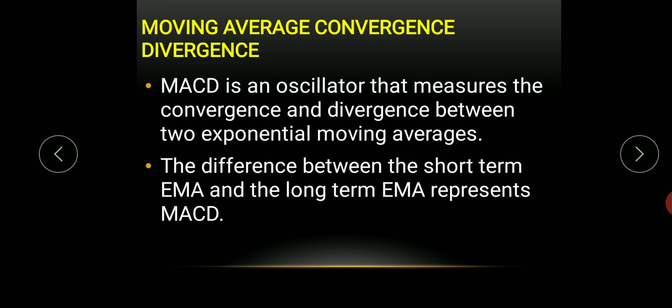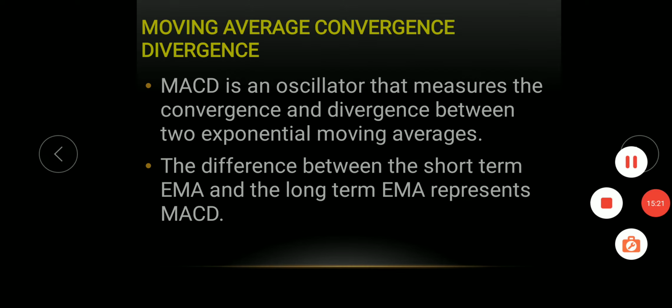It may be asked in the exam. For moving average convergence divergence, you need to know the meaning. We are not going into the problems. It is a very complicated measure and is out of your syllabus. I am just giving you the meaning of it.